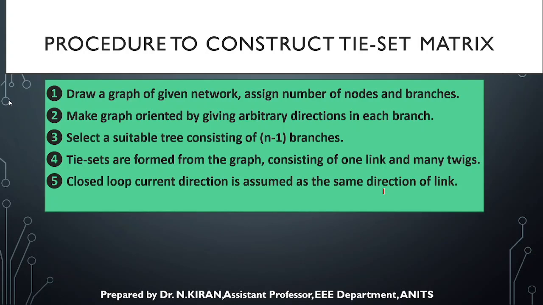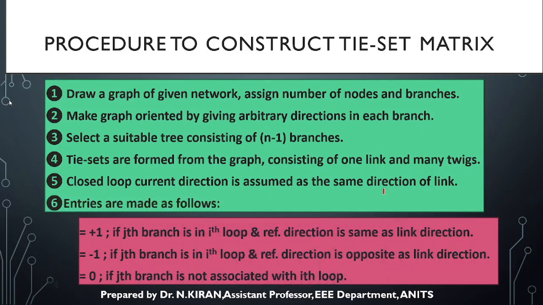And the closed loop current direction should be assumed as the same direction as the link. If it has the same direction, then we'll enter +1. If the directions are opposite to one another, then we'll consider it as -1. If there is no relation between these two, then we enter 0.